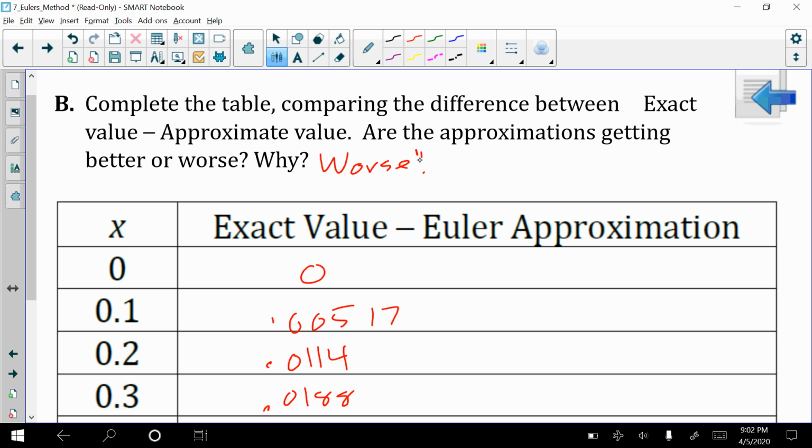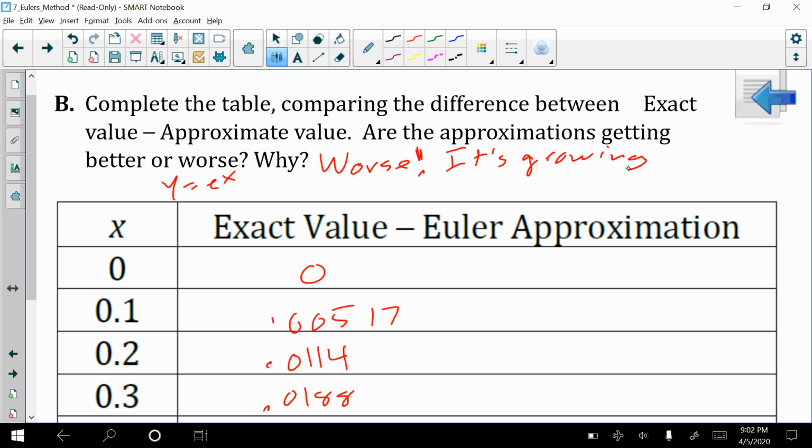The easiest way to explain why in this particular example is our solution, which we had as y is equal to e to the x power. It's growing. And I know I'm not being very specific here by saying it's growing, so don't follow that as a good example.